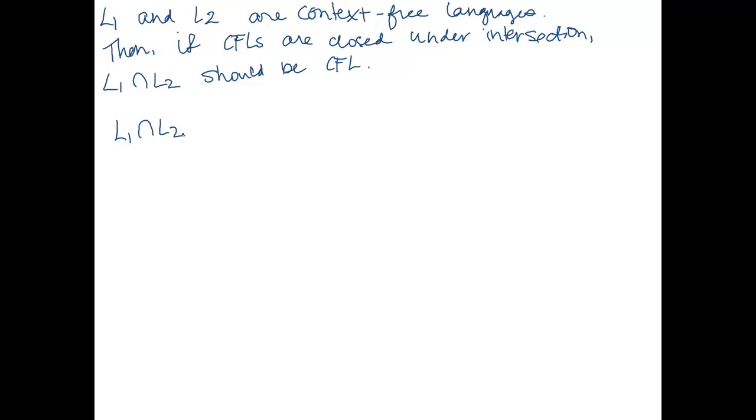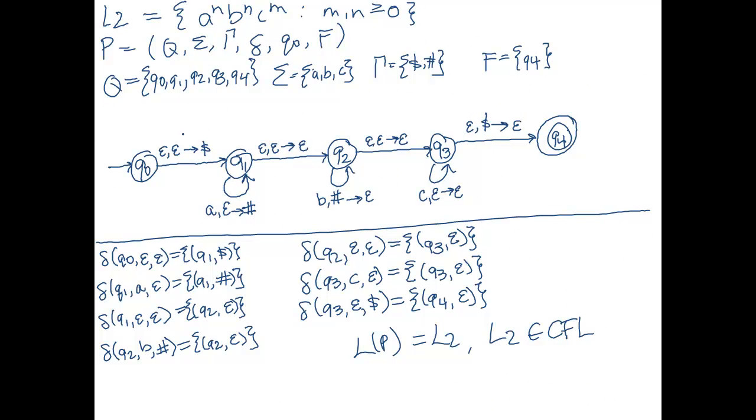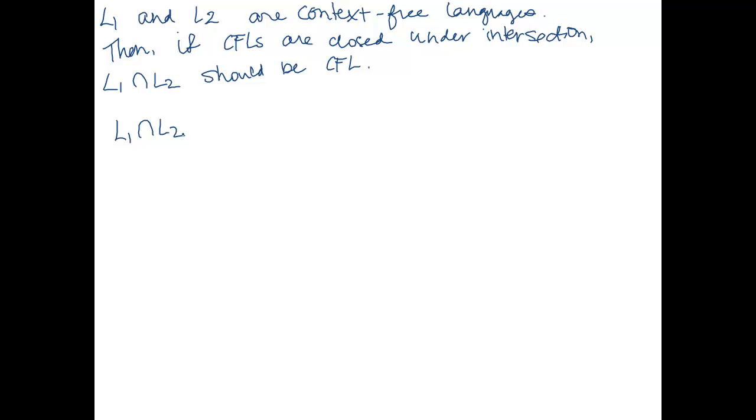Well, L1 said, let's double check, that the number of B's is the same as the number of C's, and the order mattered. So L1 gave us A to the M, B to the N, C to the N. L2 gave us A to the N, B to the N, C to the M. The number of A's and B's were equal and the order mattered.